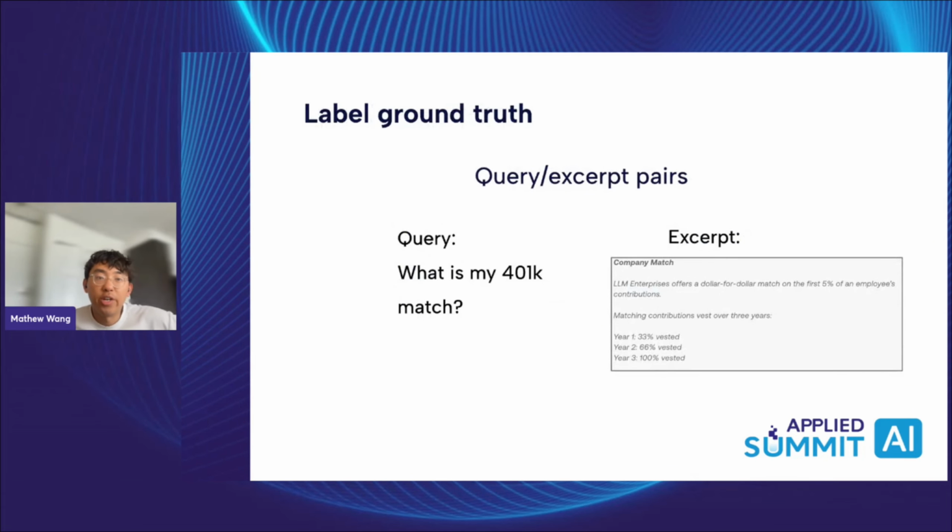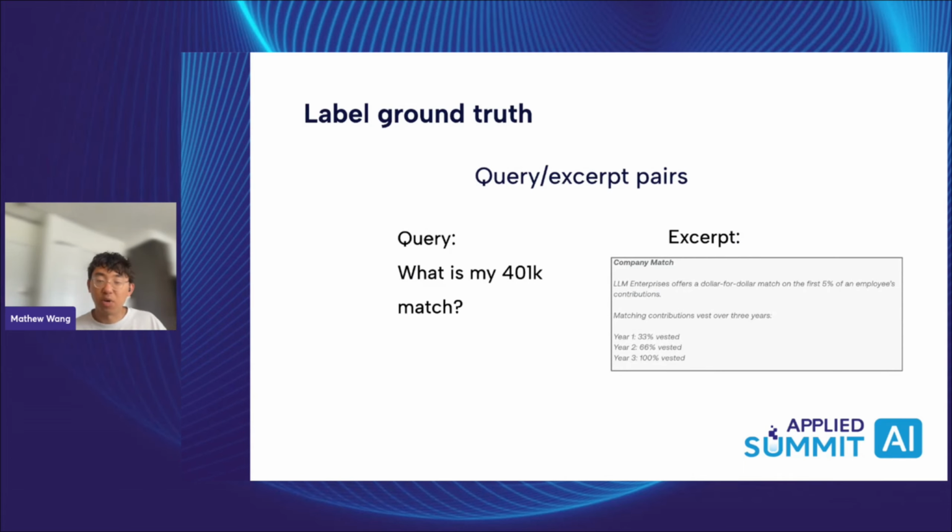Okay, so we'll start at the beginning of the flow for how retrieval evaluation works. Similar to answer evaluation, you want to label pairs, except for answer evaluation these were query-answer pairs, and here they are query-excerpt pairs. So let's say your query is, what is my 401k match?